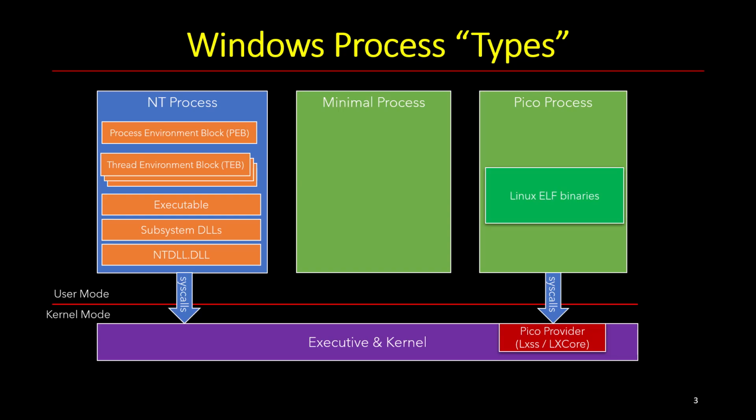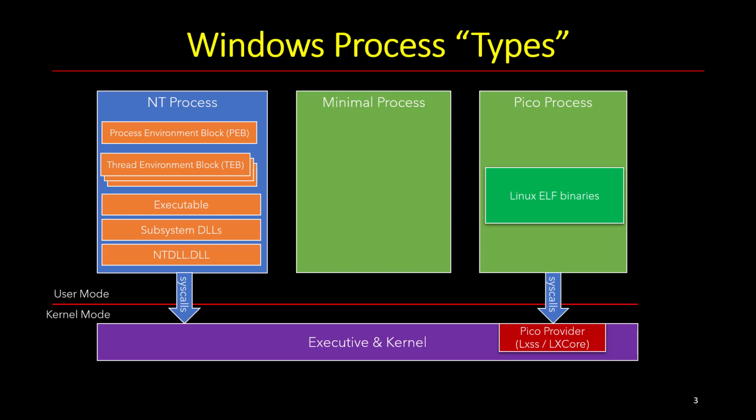And what the system service dispatcher does, the one that decides how to handle the system call, the first thing it does is to see whether the current process is a Pico process. If it is a Pico process, it delegates the request to something called the Pico provider. The Pico provider is just a driver written by Microsoft whose purpose is to simulate the Linux kernel.